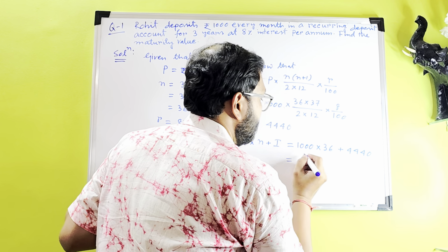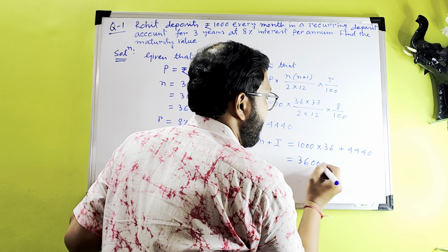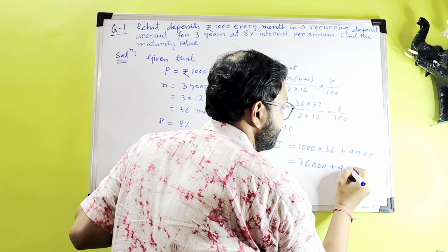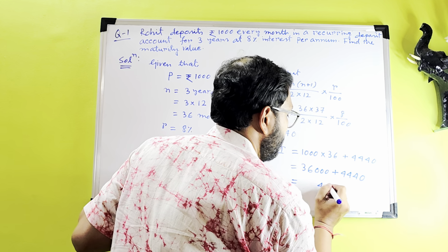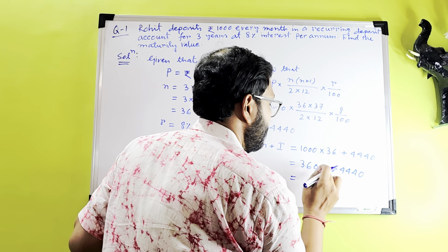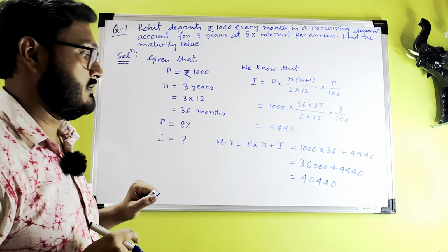Next, look at 36,000 plus 4,440. So it will come 40,440.